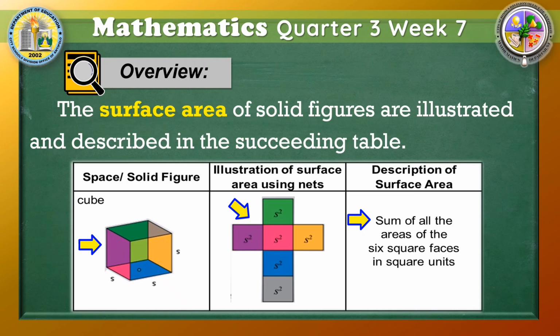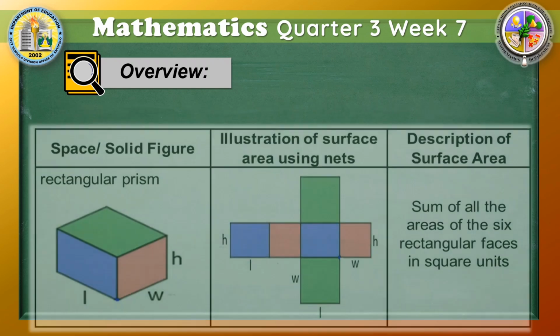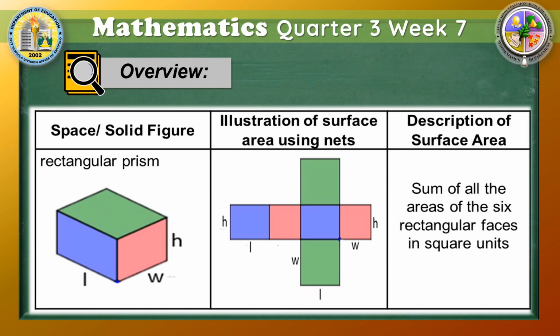Here is another part of the table. As you can see, the figure is called a rectangular prism. On the second column is the illustration of its surface area using nets, wherein it is made up of 6 rectangular faces. The surface area is described as the sum of all the areas of the 6 rectangular faces in square units.